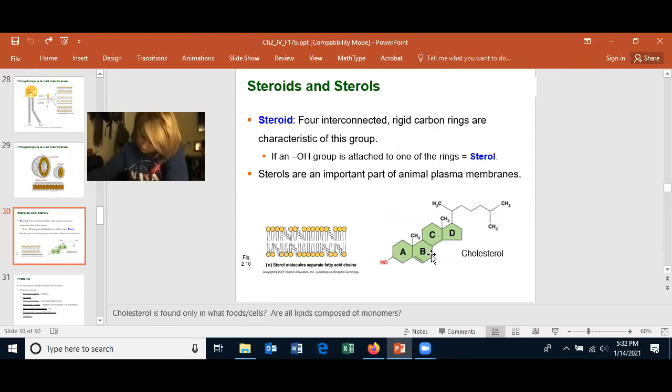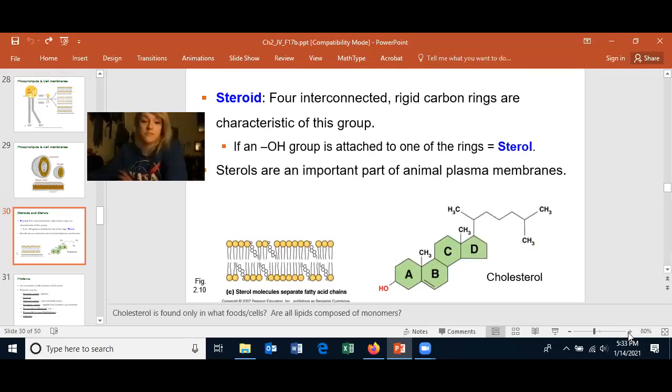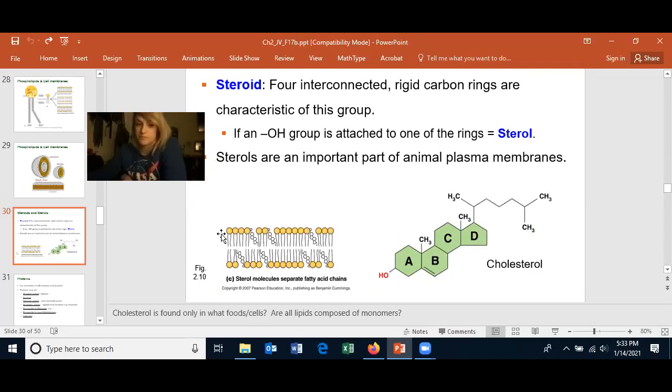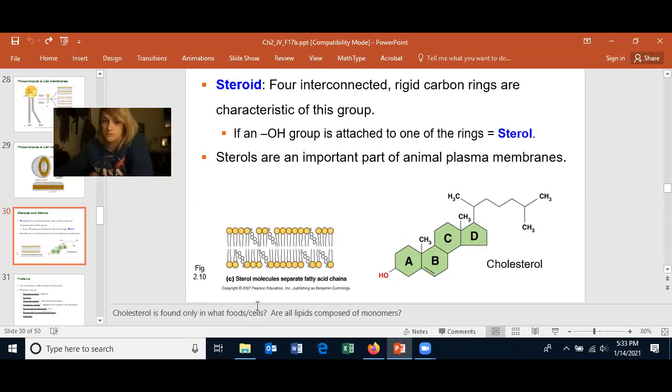If there's an OH group attached to the steroid, we call it a sterol. So this molecule, which is a cholesterol, has an OH group on it, and so it is a sterol.